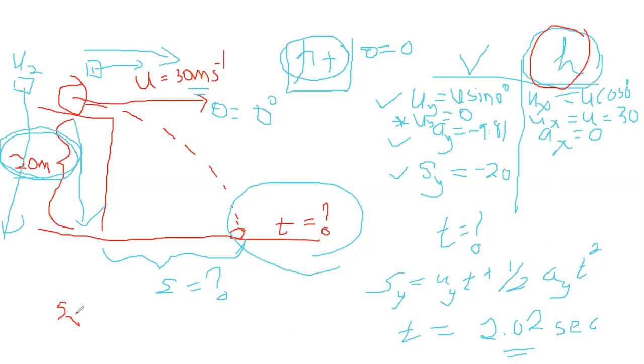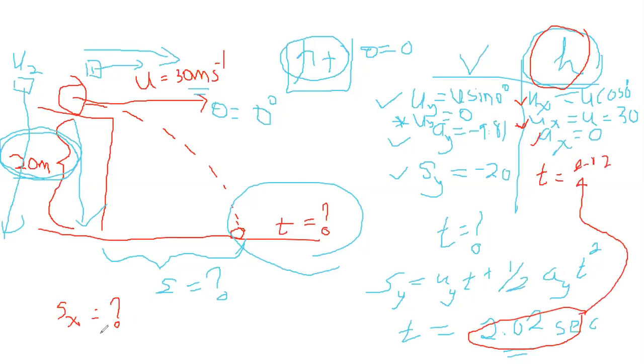So Sx equals, you're looking for Sx. You have 3 pieces of information. You know Ux, you know Ax, and now you know the time, which we just calculated, 2.02 seconds.